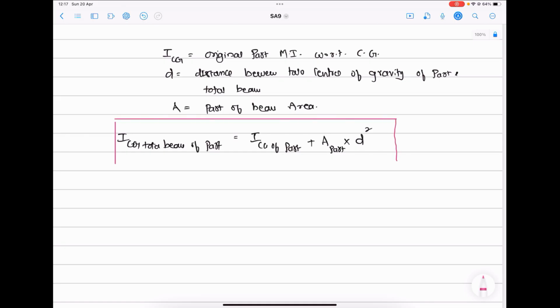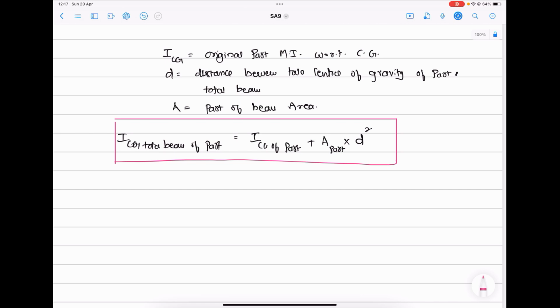If you put just like IXX, IYY, ICG, ICG1, ICG2, then you will be confused. If you have a combination of more than one part in a beam, you have to find out the ICG of the original part, that is BH cube by 12.